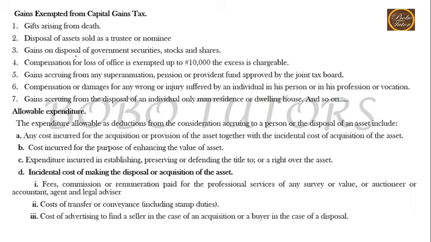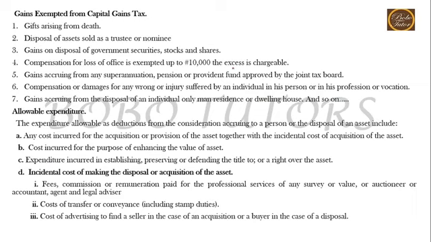Gains on disposal of government securities, stocks, and shares. Compensation for loss of office is exempted up to 10,000 naira, but the excess is chargeable. That is, if they compensated you, let's say 30,000 naira, 10,000 is not chargeable, but 20,000 naira is chargeable.